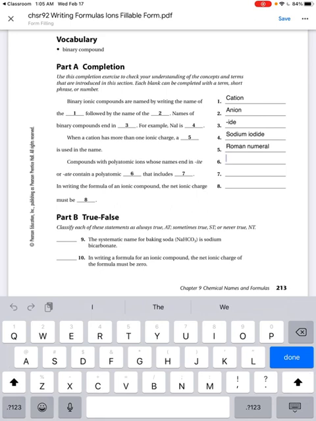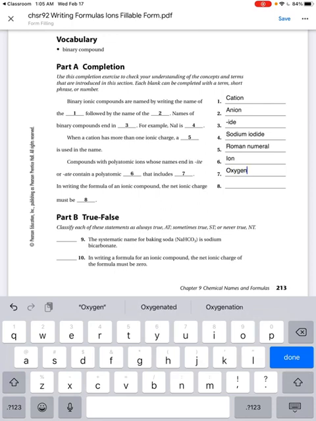And compounds with polyatomic ions whose names end in ite or ate contain a polyatomic ion that includes oxygen, as we pointed out last time.